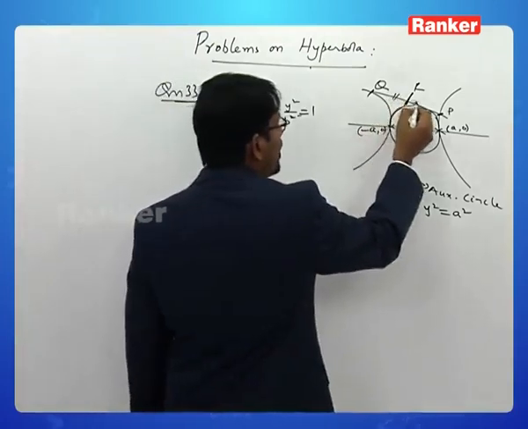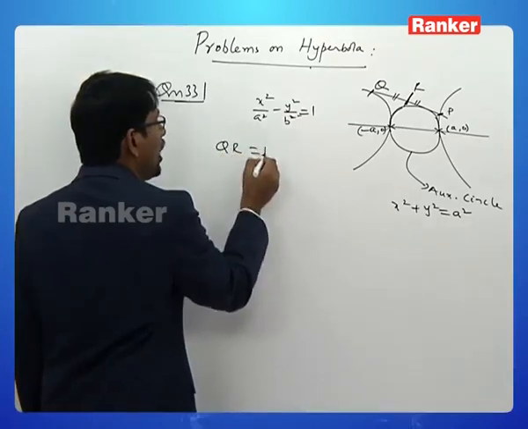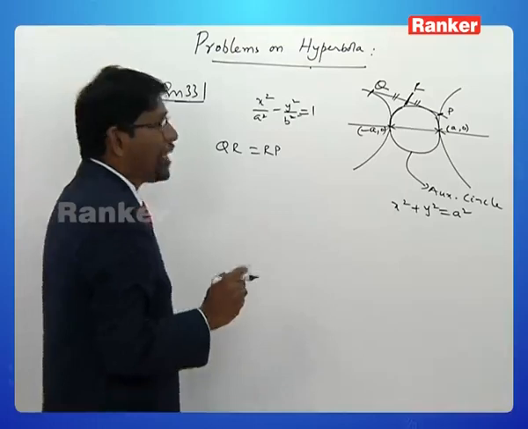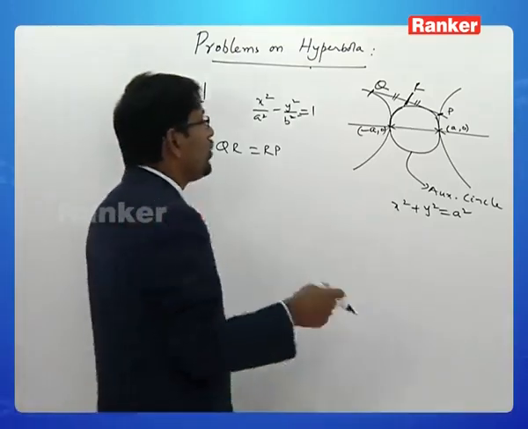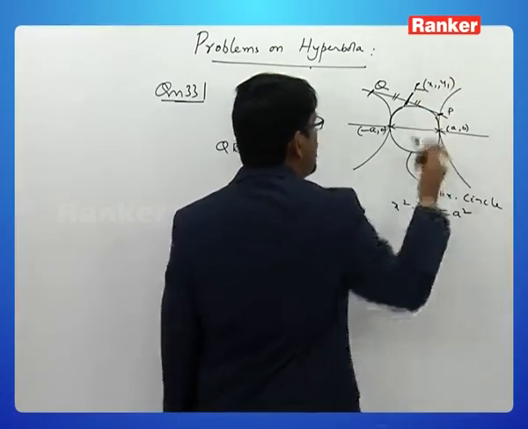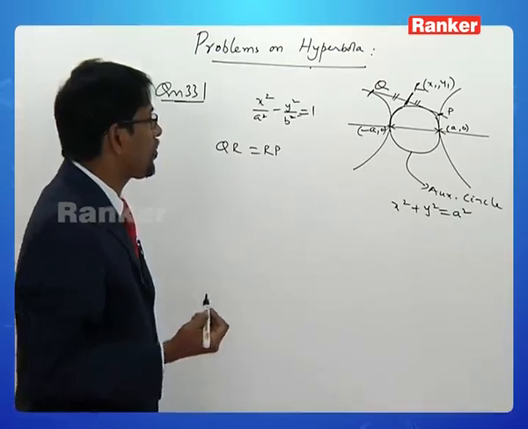R is the midpoint of PQ. So QR is equal to RP. Now let's start like this. We want the locus of R. Let x1 comma y1 be the midpoint of PQ.